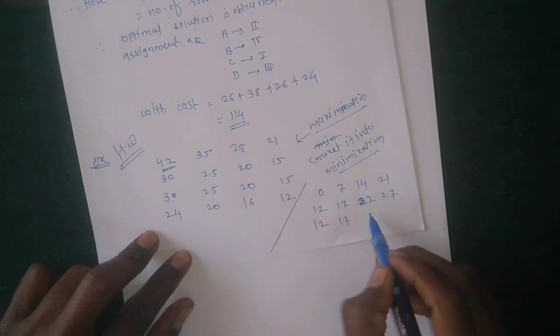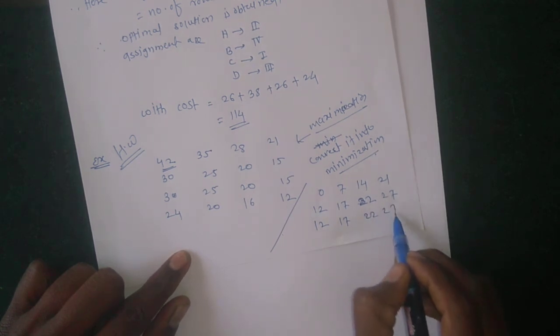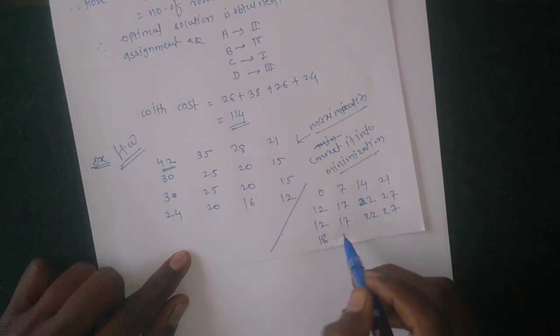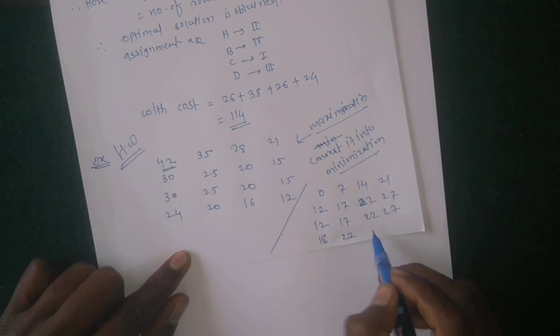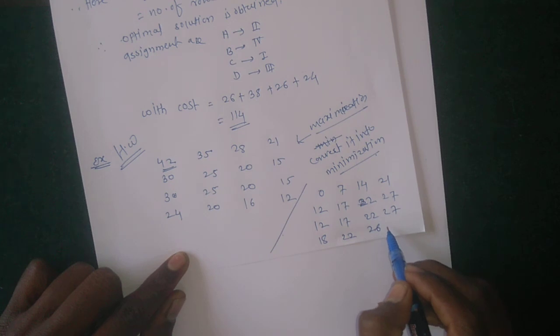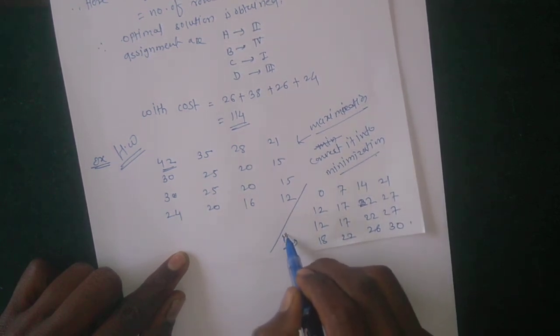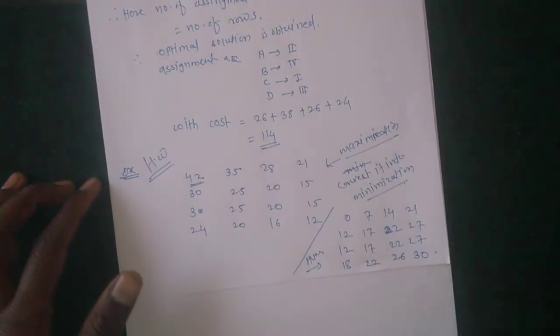This table is written as it is, and the last row is 6, 8, 18, then 22, then 22, then 26, and lastly 30. Solve this problem using the regular Hungarian method. In this way this is a maximization type problem.